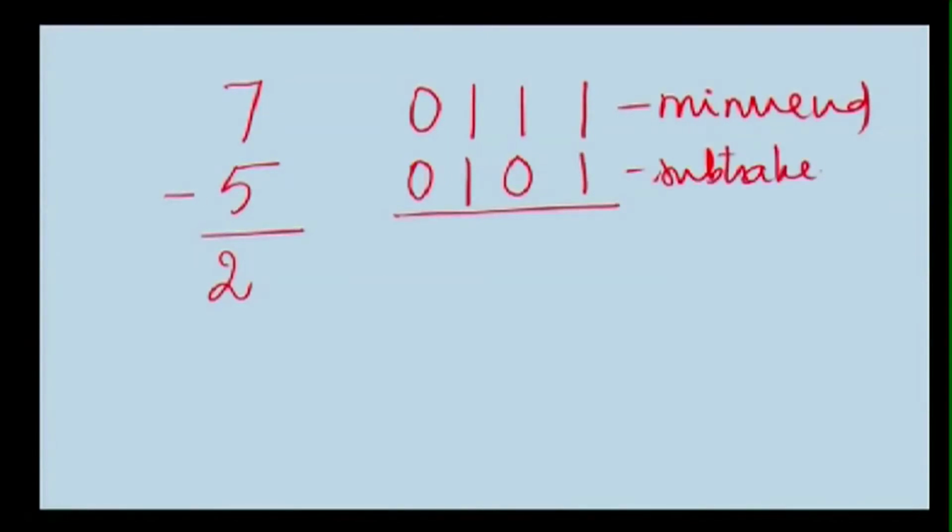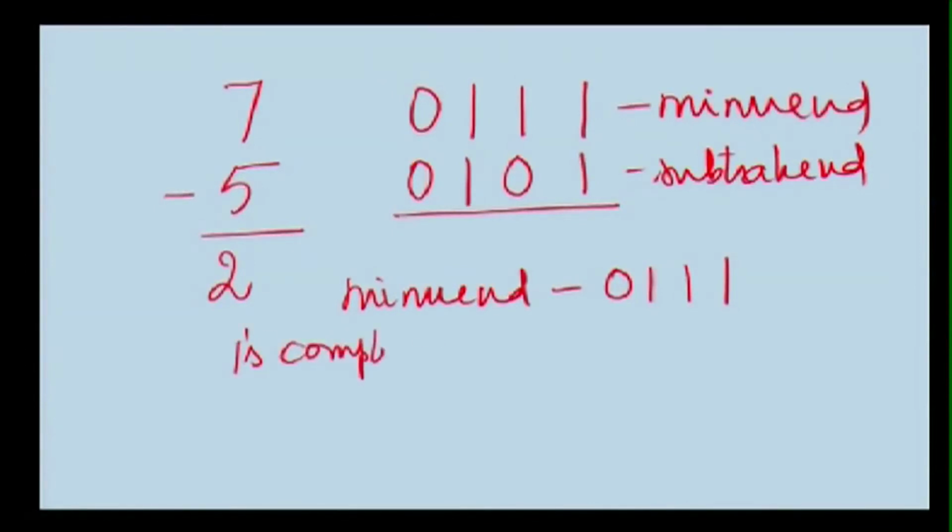As usual, this is the minuend and this is the subtrahend. When we follow the rules of the 1's complement, the minuend should be taken as it is. So the minuend is 0, 1, 1, 1, and the 1's complement of the subtrahend 0, 1, 0, 1 will be 1, 0, 1, 0.